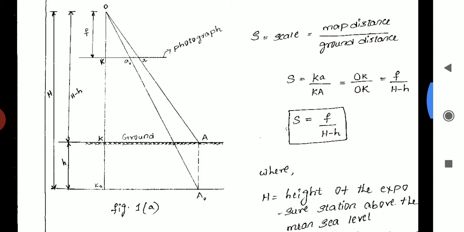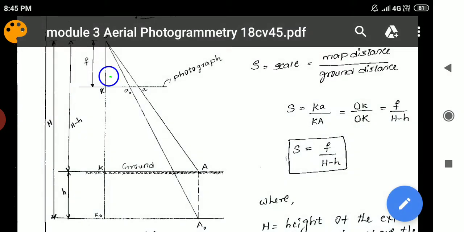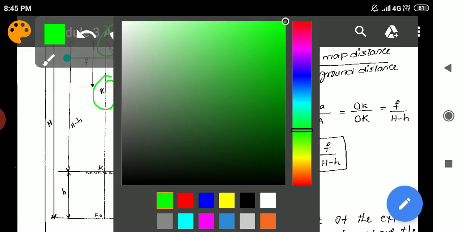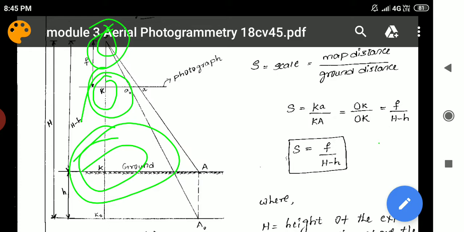Consider here, small k and O is small f, and the distance between small k and capital K. From point O the distance is the overall height H minus small h, and capital K to K naught is the distance small h.